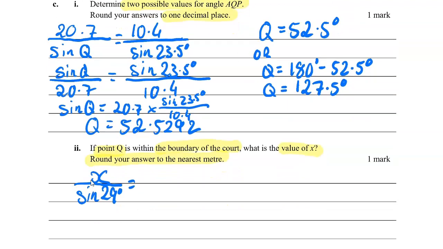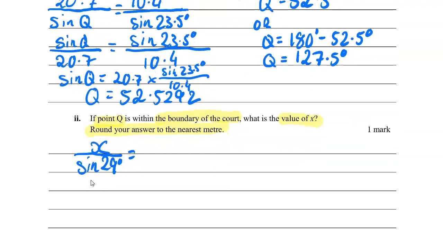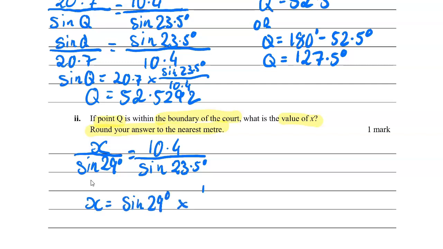So 10.4 over sine 23.5 degrees, and I want to work it out for X. So X is equal to sine 29 degrees times by 10.4 over sine 23.5 degrees. Alrighty.